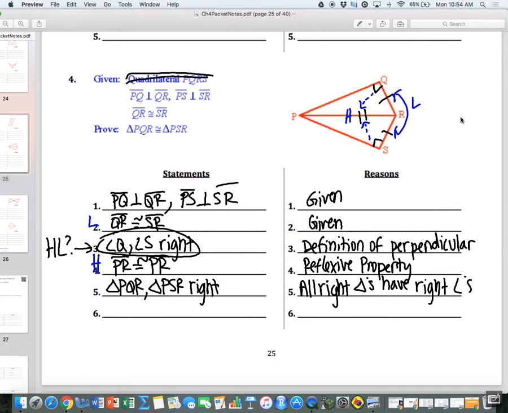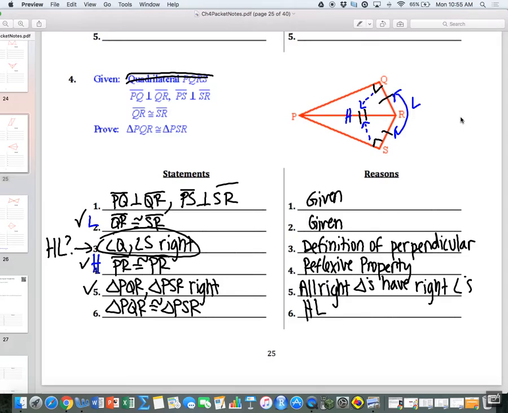Which is certainly true here. We said right angles. Okay, we have right triangles, got that. We have our H, we have our L. So now we can say triangle PQR is congruent to triangle PSR by HL.